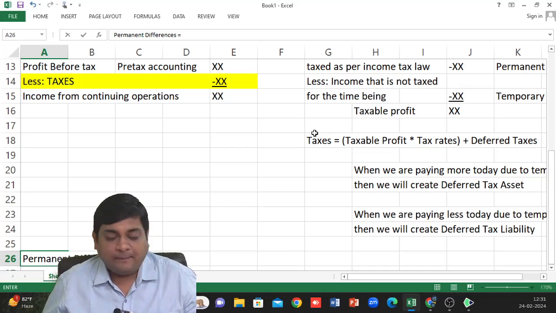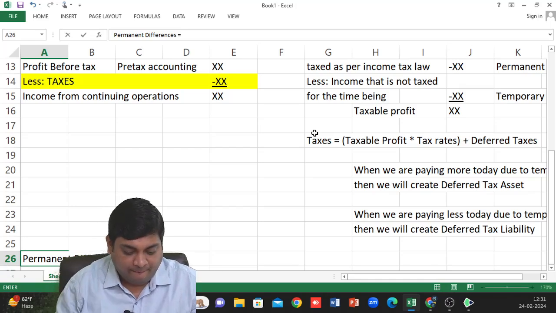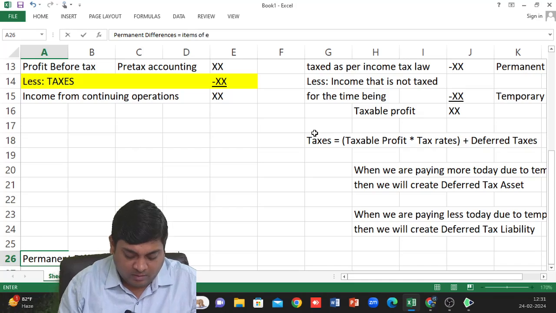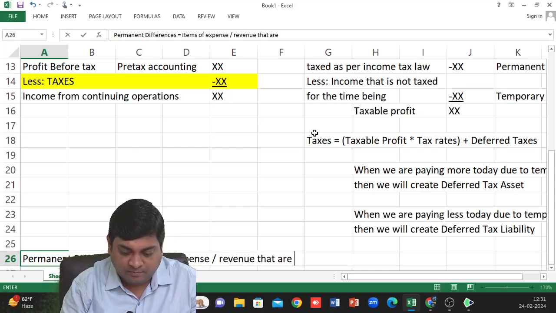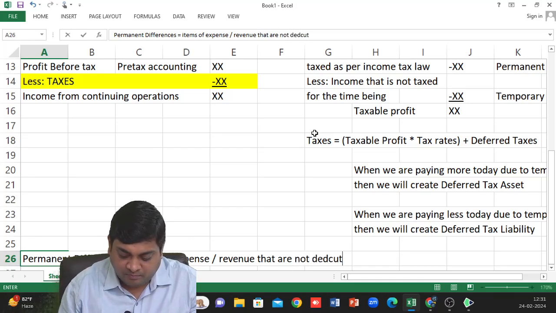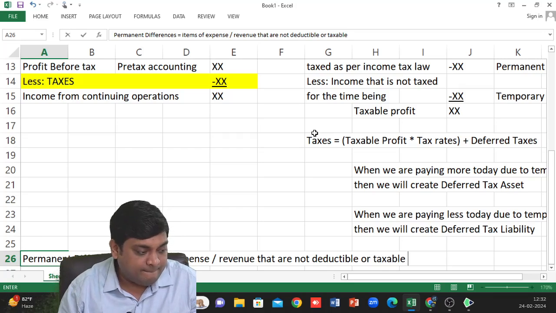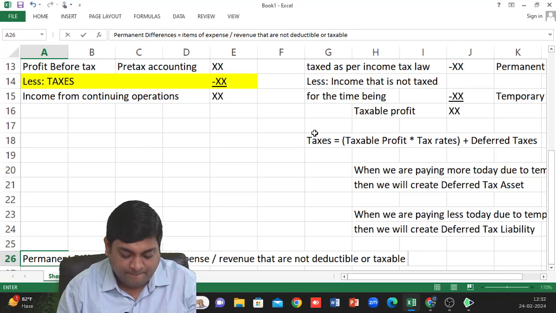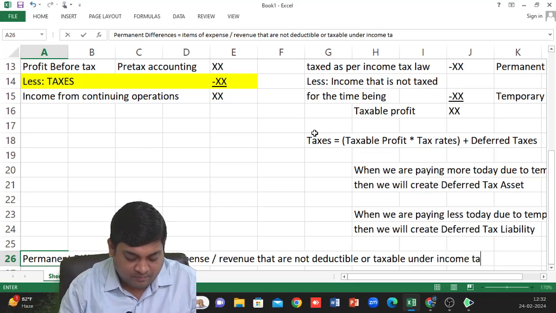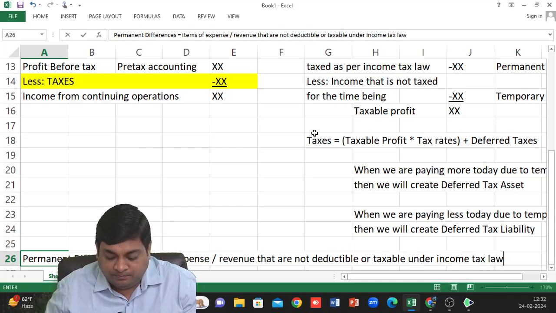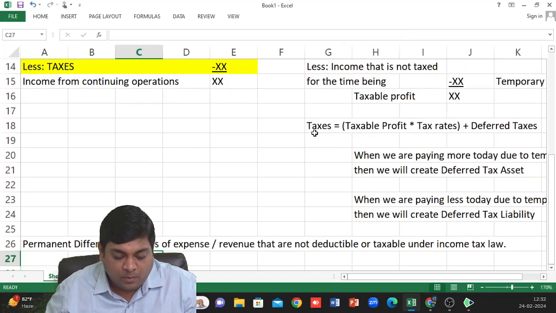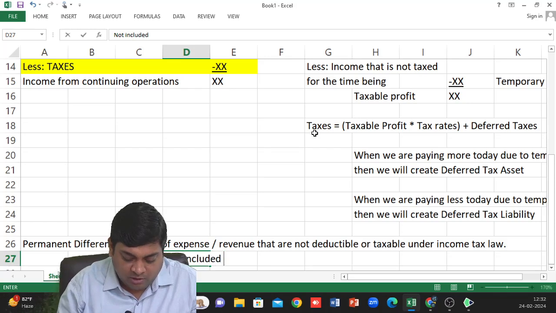permanent differences, items of expense or revenue that are not deductible or taxable under income tax law. Not included in both.